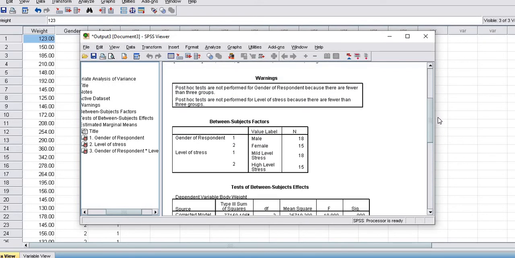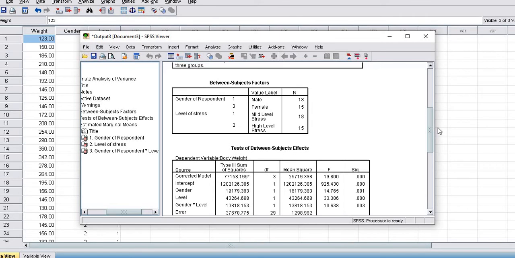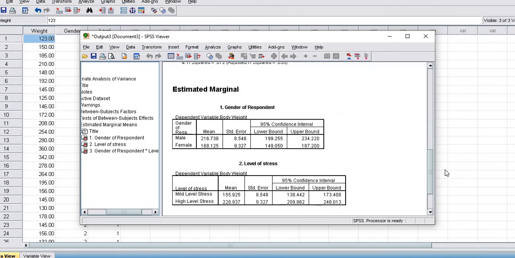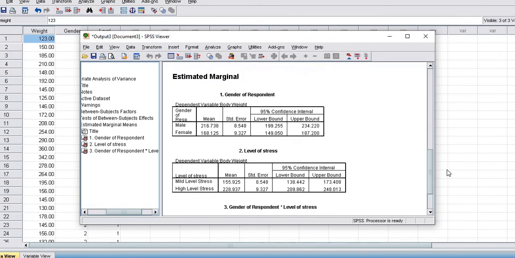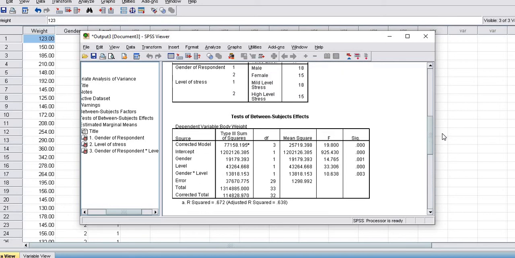These are our expected results. Now see that for gender, there is a significant difference with respect to the weight. That is, between male and female, there is a significant difference in their weight.